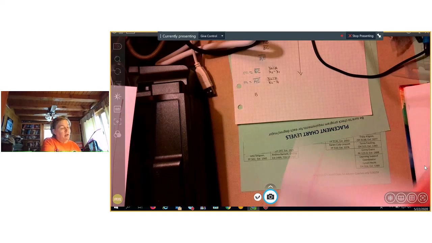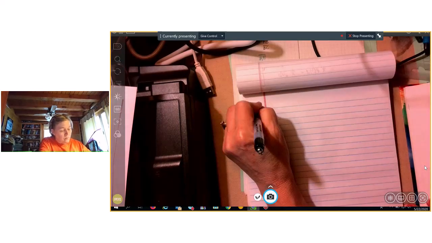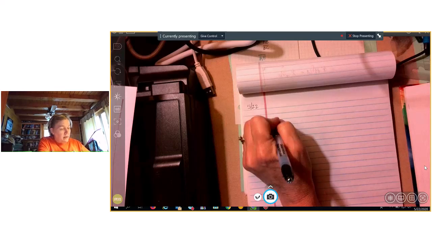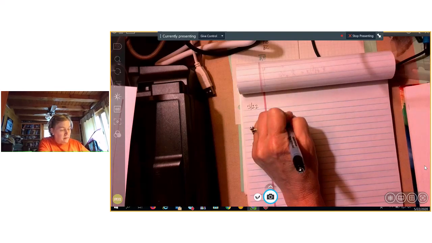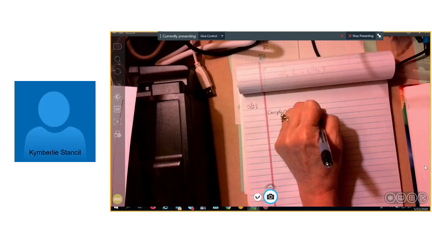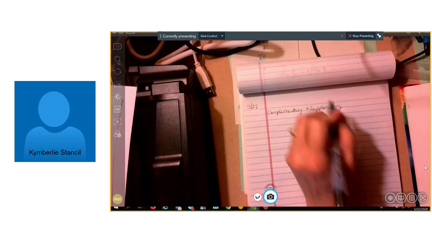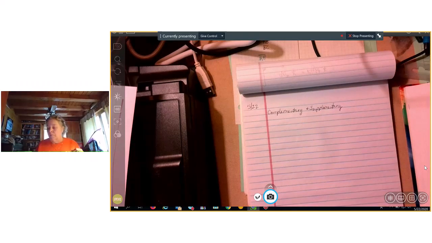We're going to be looking at today what we call complementary and supplementary angles.